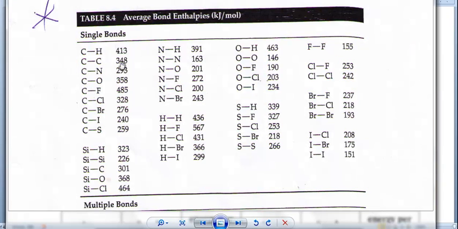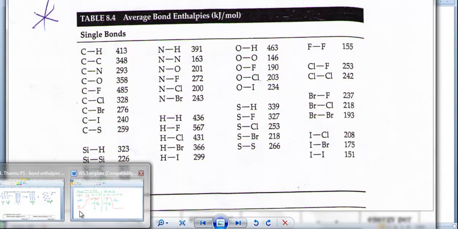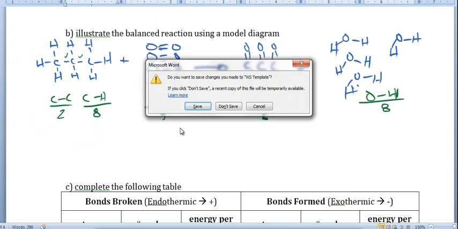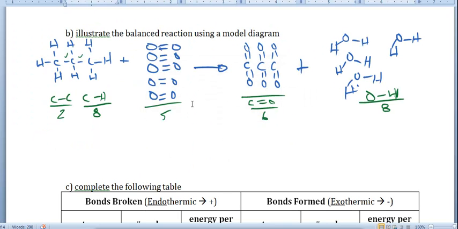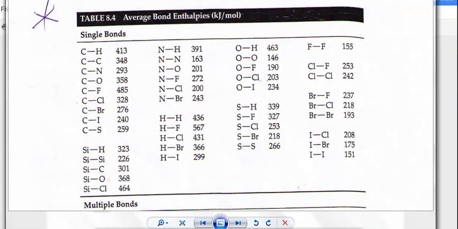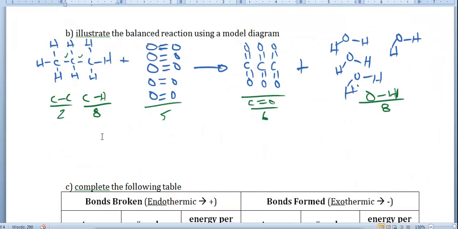Carbon-carbon single bond, that's 348 kilojoules per mole. So that's 348 kilojoules. And if we have 2 of those, that's 348.